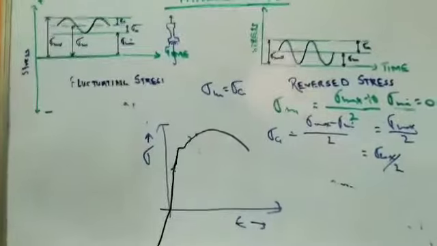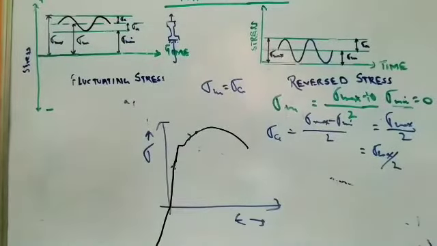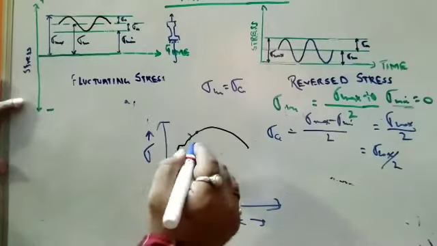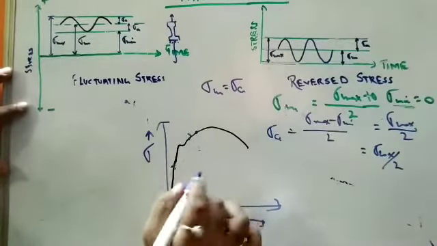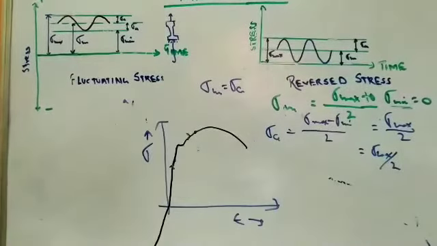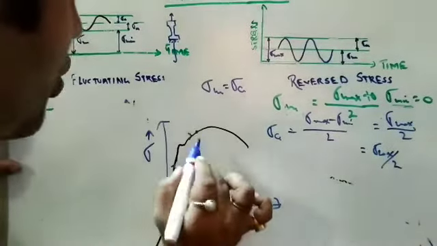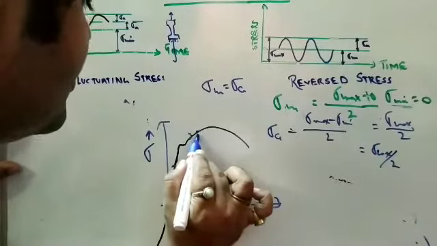Before that, for high cycle fatigue, we did not consider the material crossing the yield stress, but over here we consider that the material crosses the yield stress. So the material moves like this. At this condition we stop loading. Now the material will come back like this.